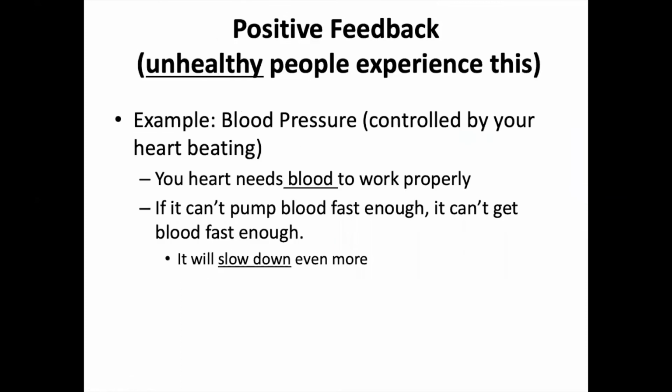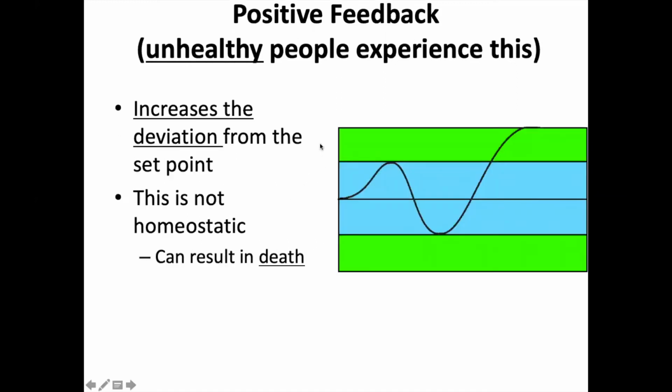Now, why would this happen? Well, this is actually a bad example. Let me give you a better example. A fever, right? You get a virus, you get a bacteria, and as your body temperature rises, your body goes, hey, you know what? This is going to kill that virus. It's going to kill that bacteria. Yeah, let's do this.